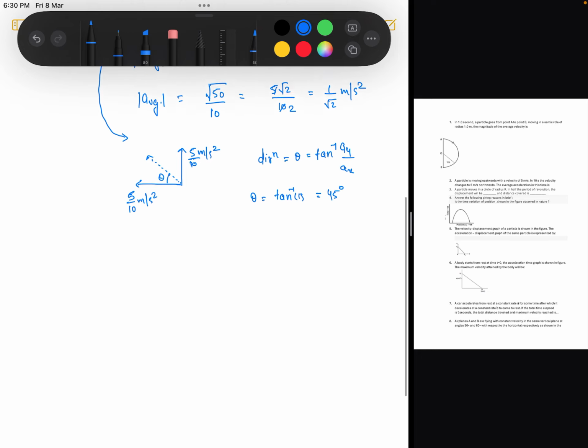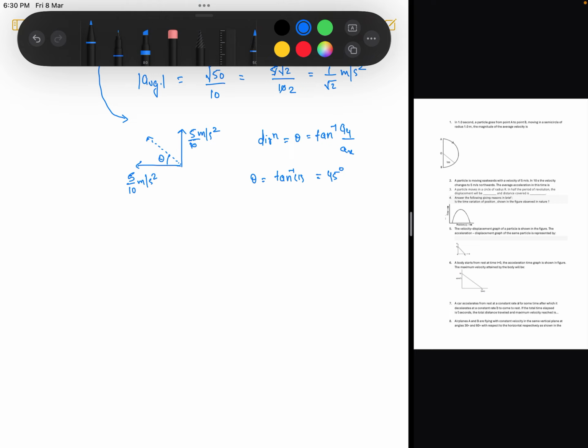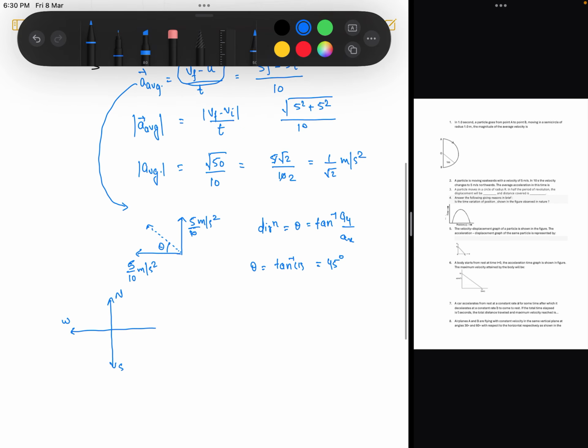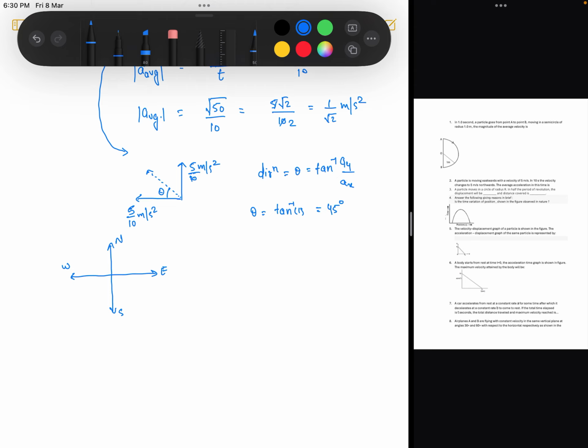So now we will take this in the form of directions, that is this direction is north, this is south, this is west, and this is east. Our average acceleration magnitude is in this direction, that is equal to 1 by root 2 meter per second square, and this angle theta is equal to 45 degree.